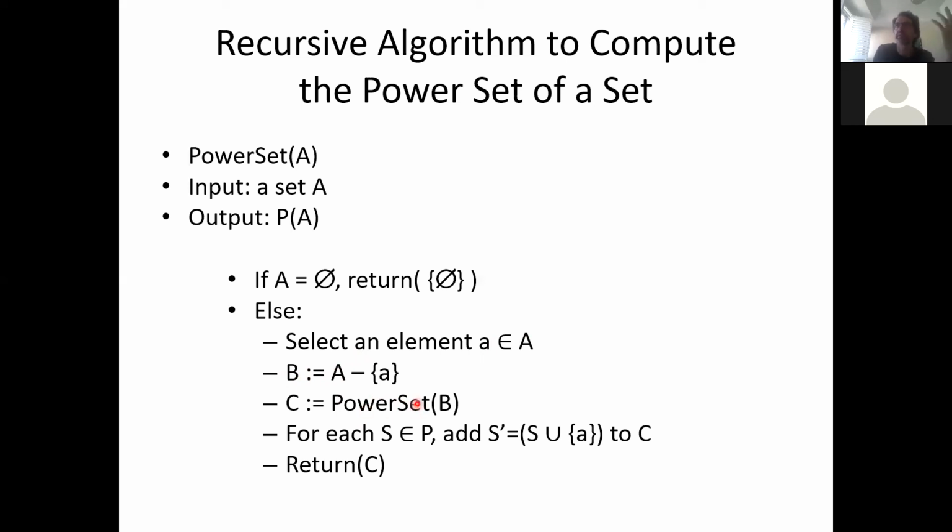We will assume that the power set worked on this reduced set B. Now, how do we go from the power set on the reduced set to the power set of the target set A?